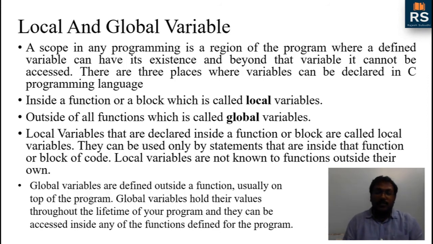If you declare a global variable, you can use it in any function. You can use it in the main function, or in any other function if you write one. But a local variable can only be used within the scope of that particular function. A global variable has no scope restriction in the program. It can be used in the entire program.